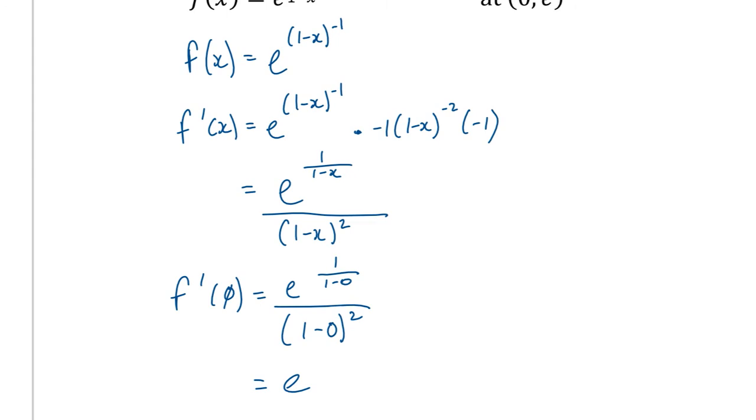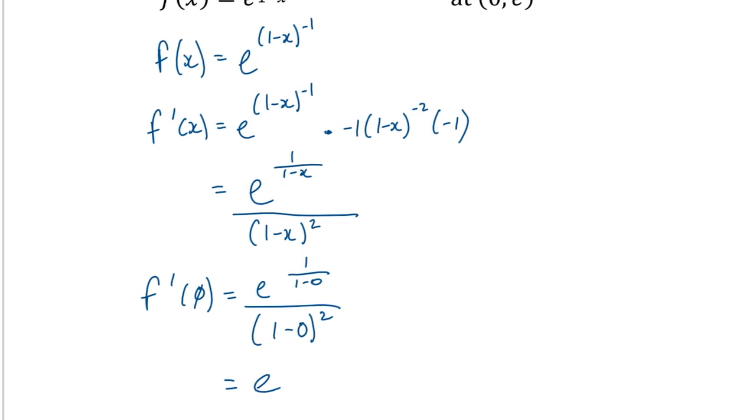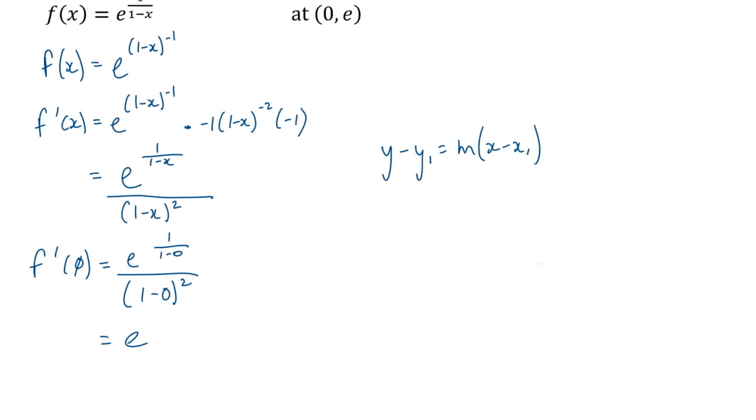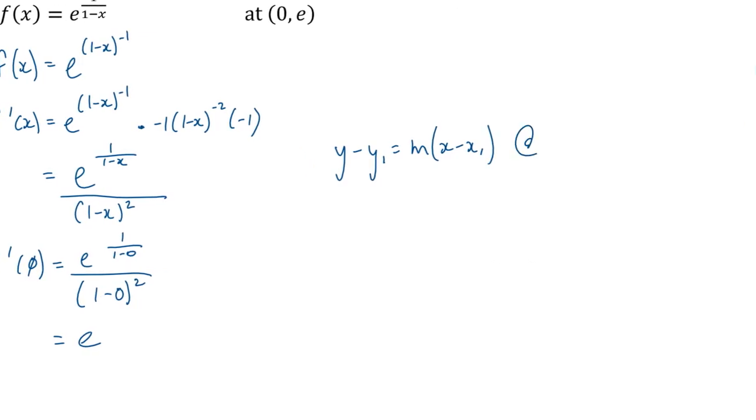Often we try to set these up so it kind of works out to something that's not crazy, but of course there are no guarantees. Now, for the equation, we are going to use our trusty old formula, y minus y1 equals m times x minus x1 at the given point, 0 and e, where m, our slope, is equal to e.